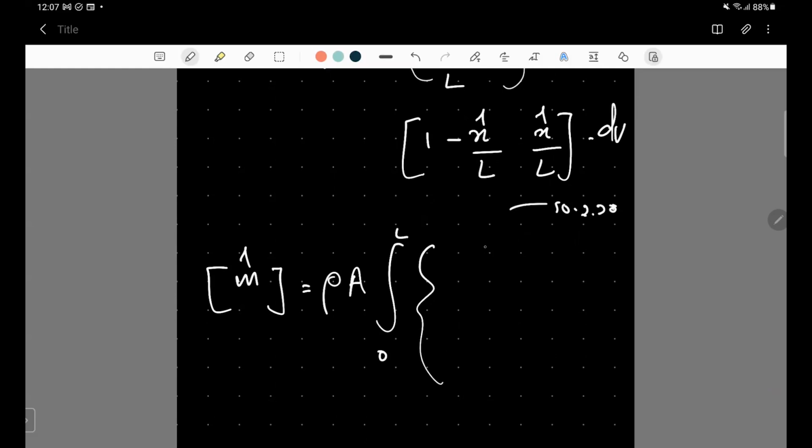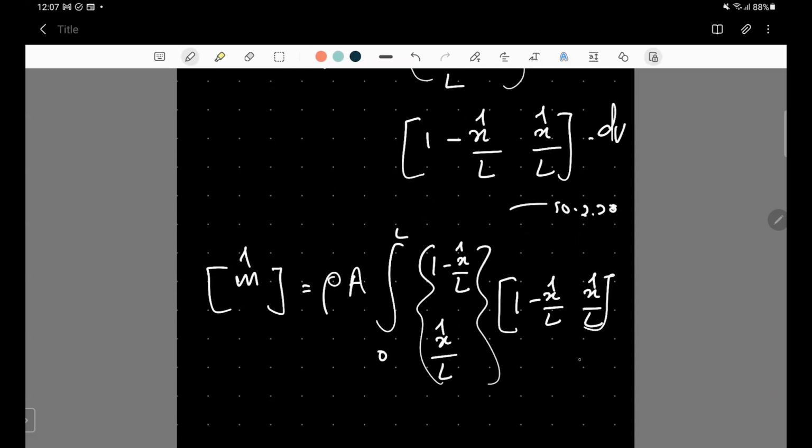Then what remains is the shape function 1 minus x hat divided by L, x hat divided by L, times 1 minus x hat divided by L, x hat divided by L, dx hat, equation 10.2.21.